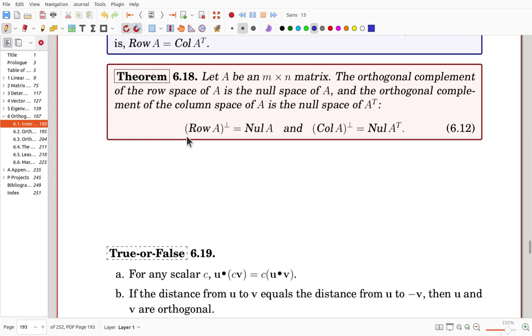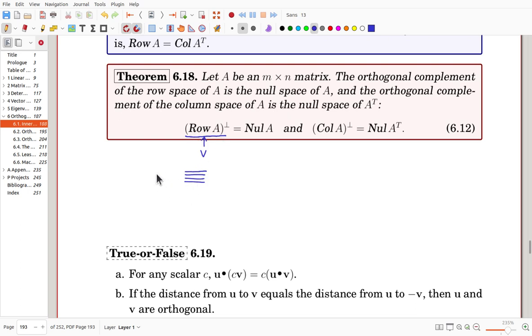Once a vector v is in this space, that means every row of A, since the row space of A is spanned by the rows of A, is a spanning set.